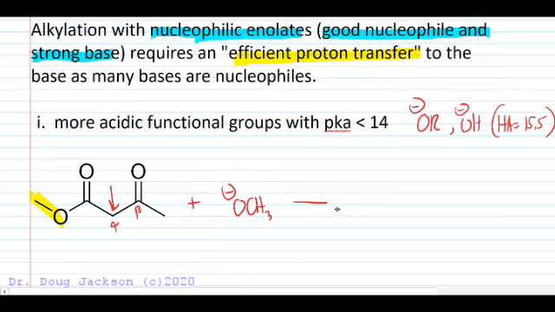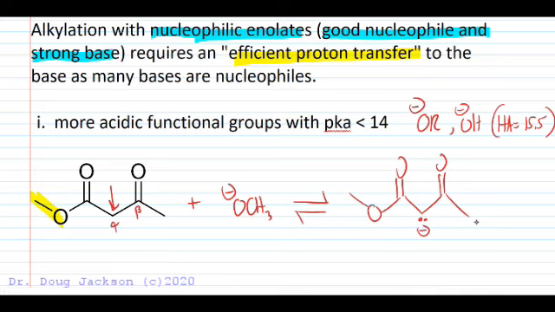When we do that, there is an equilibrium to a certain extent, but we greatly favor the formation of, and again I'm drawing one form here, the alpha carbanion. The enolate form is probably more representative of the true nature of the solution, but we are nucleophilic at the alpha carbon, so I'll draw that here. And then we form methanol after the acid-base transfer.